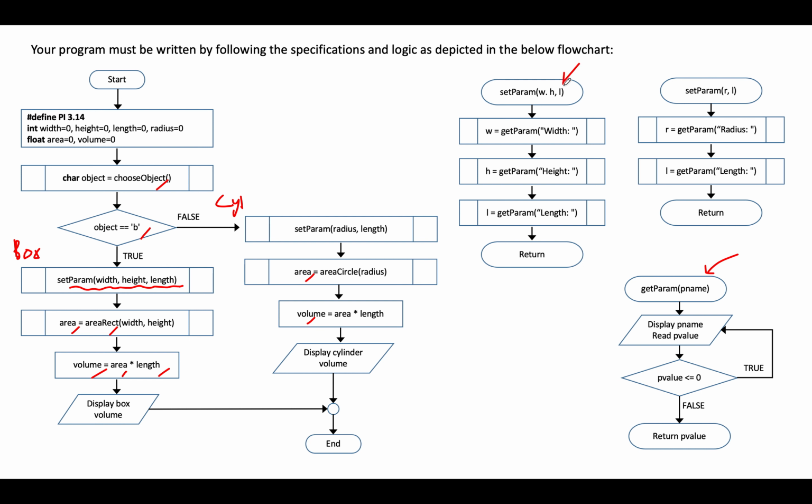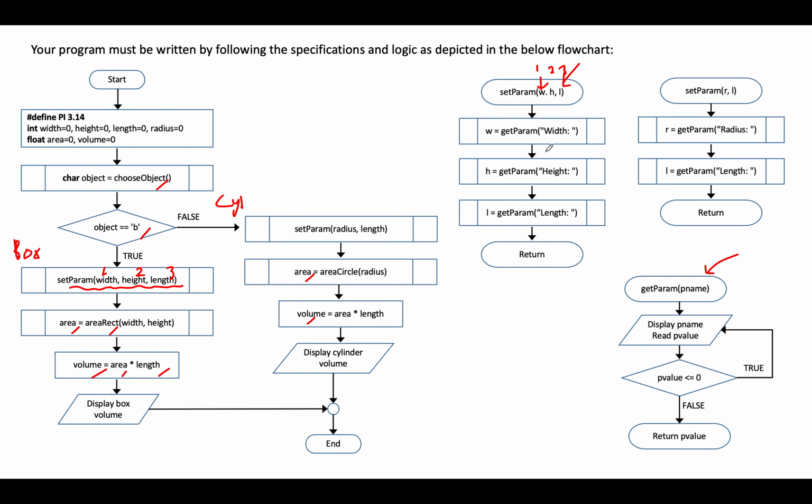Whereas here there are two set parameters, since we declare width, height and also length for box. So W will receive width here. Number 2 and 3 here will be passed to this function.